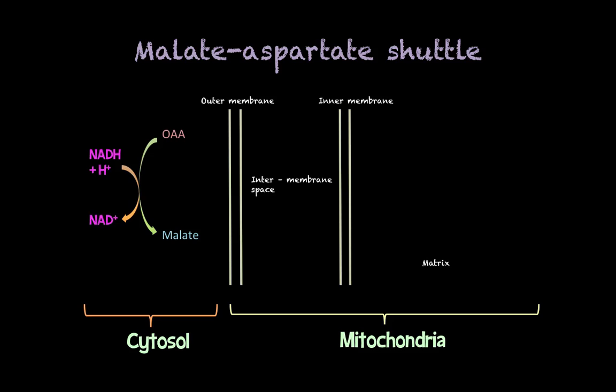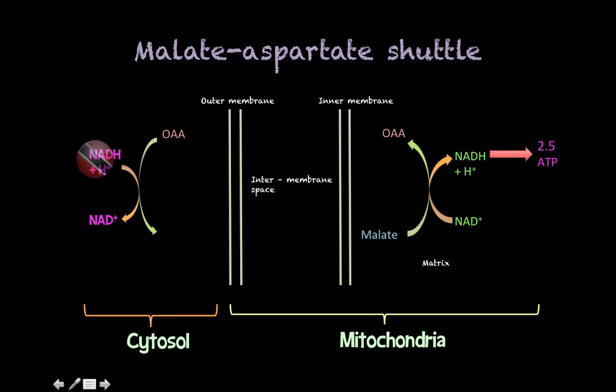Now that malate, once formed in the cytosol, then enters the mitochondrial matrix. When it reaches the mitochondrial matrix, the malate plus NAD plus is converted to oxaloacetate plus NADH plus H plus. As we know before, the NADH could generate 2.5 ATP. So you started with NADH, and via this shuttle system, you end with NADH.